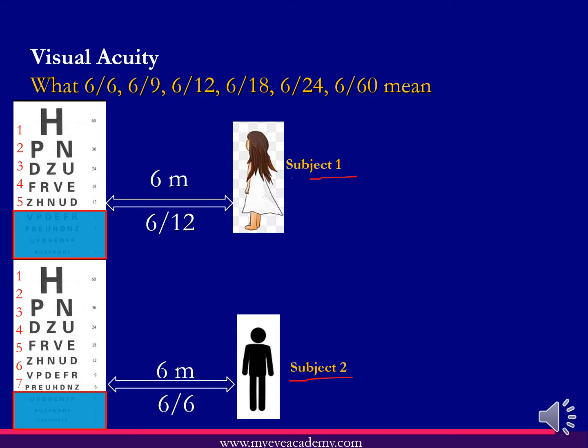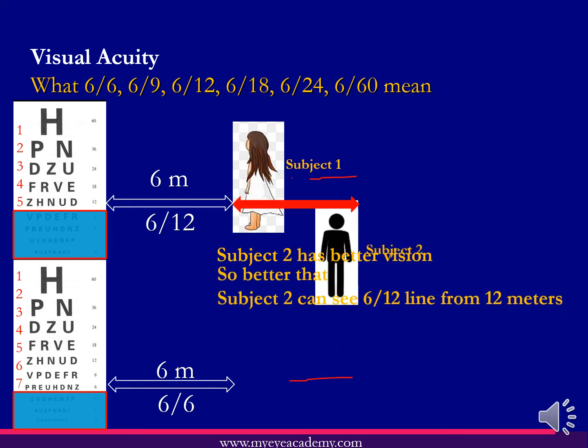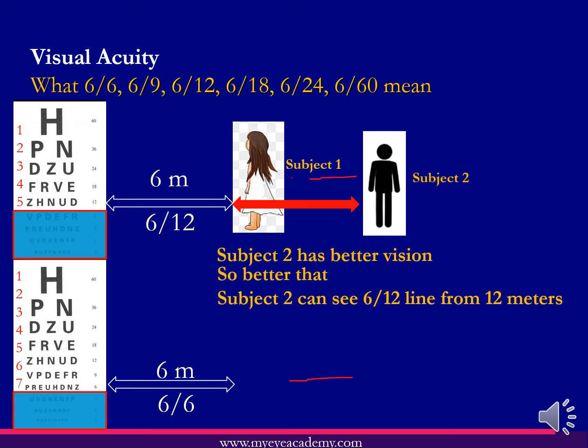What does this mean? This means that subject 2 has better vision as compared to subject 1, so much better that subject 2 can see a 6/12 line from 12 meters as compared to subject 1, who can only see it from 6 meters.